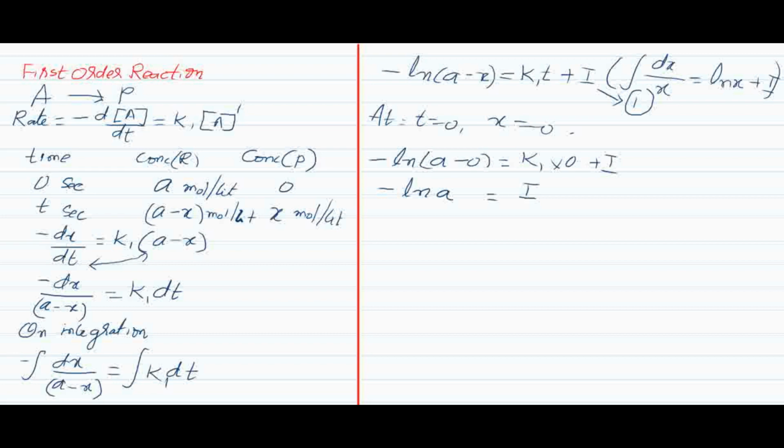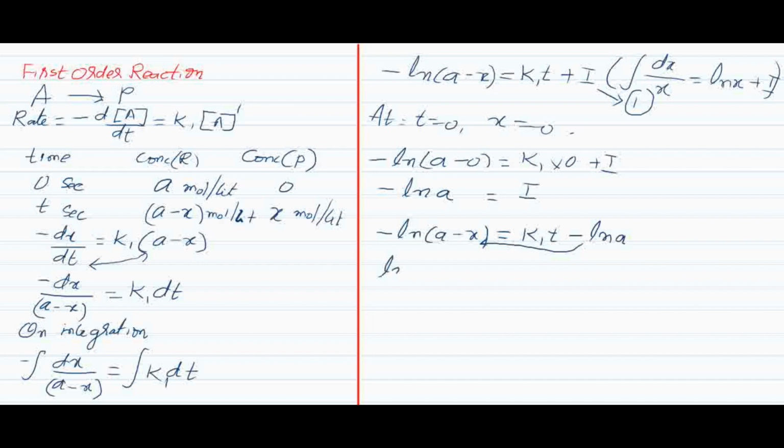We get minus ln a minus x equals K1 t minus ln a. Now this minus ln a comes to this side.